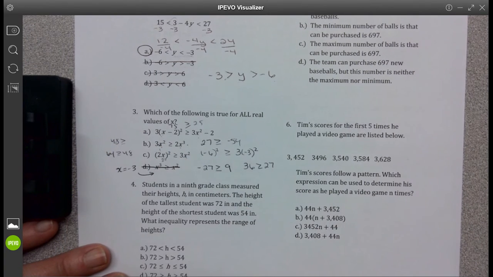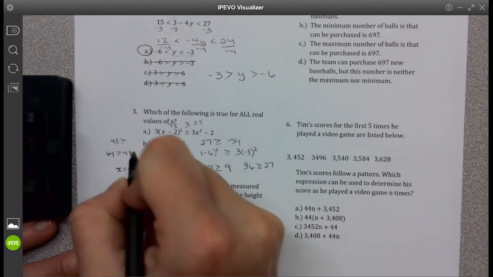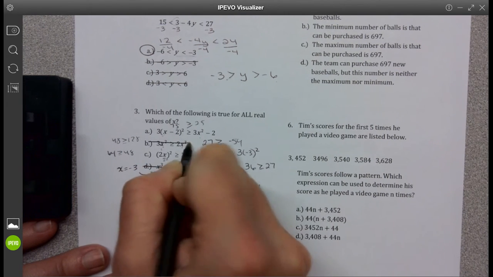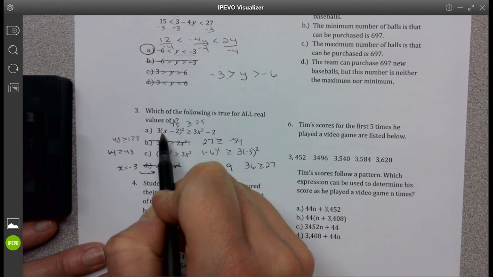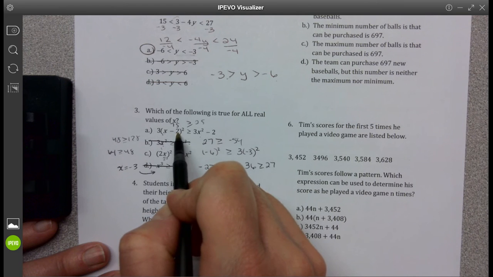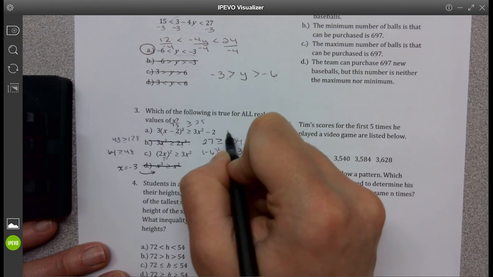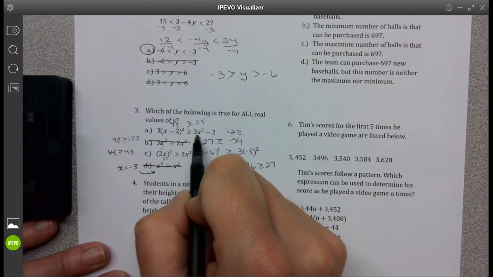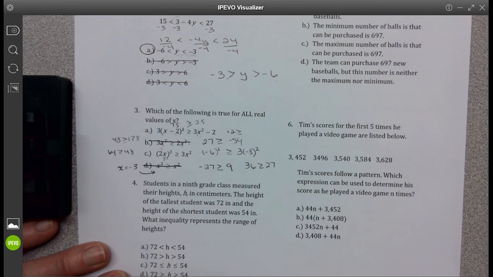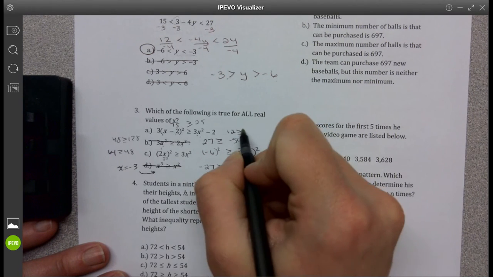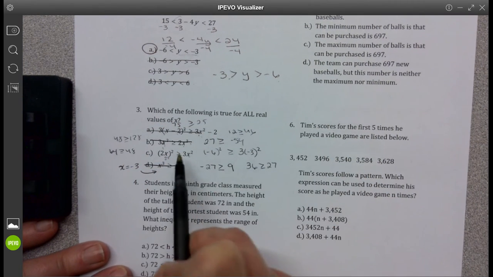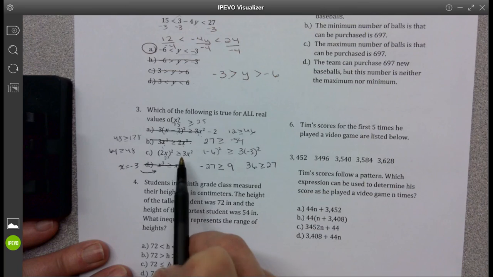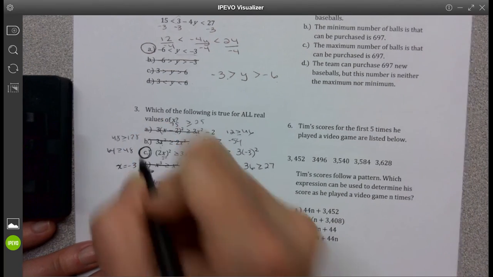Is that greater than or equal to 4 to the third times 2? No, that's not true. So that one doesn't work. If I put a positive number in here, like 4, 4 minus 2 is 2. 2 squared is 4. 12 is greater than or equal to. If I put 4 in here, 4 squared is 16 times 3 minus 2. 46. That's not true. So here, when I put in 0, when I put in positive numbers, and when I put in negative numbers, it's true. That one's kind of intense.